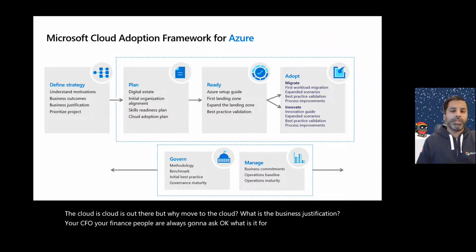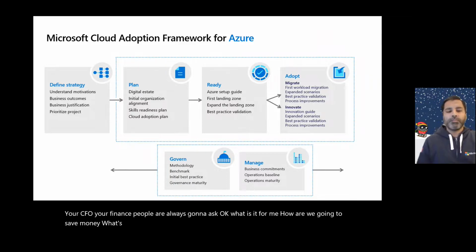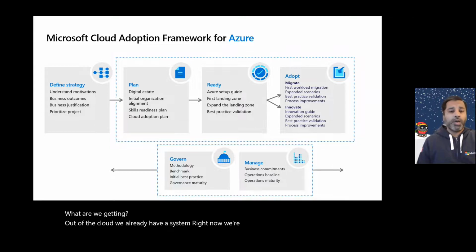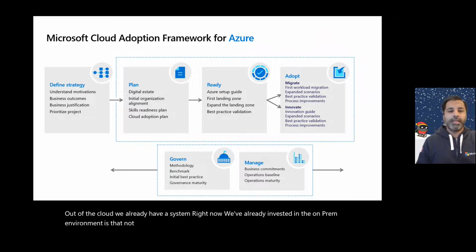How are we going to save money? What's the value? What are we getting out of the cloud? We already have a system right now. We're already invested in the on-prem environment. Is that not enough? So there has to be a strong business justification, and that's where the strategy really comes in.